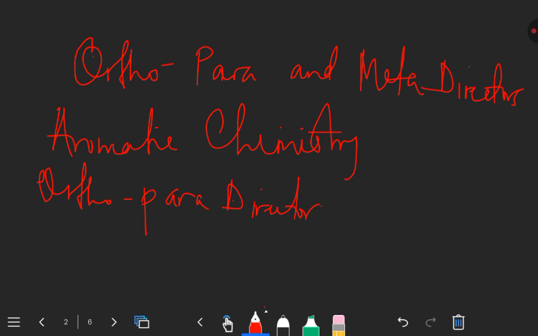So for us to understand this term very well, we need first to understand the position they refer to when they have a reference point on an aromatic ring. But basically, when they say ortho para directors, they simply mean that it is a certain compound on a certain position of the ring which donates electrons to the ring.